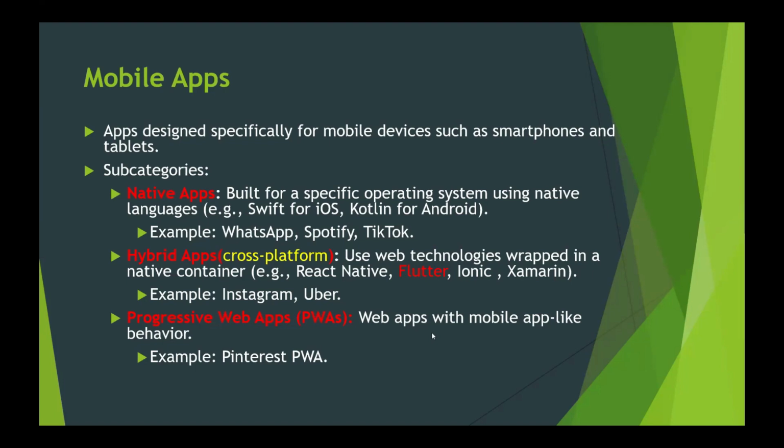The second type of mobile app is the hybrid app, or cross-platform app. Suppose we are planning to develop a native app. We need three developer teams: for Android, for Windows, and for Apple iOS and Mac.